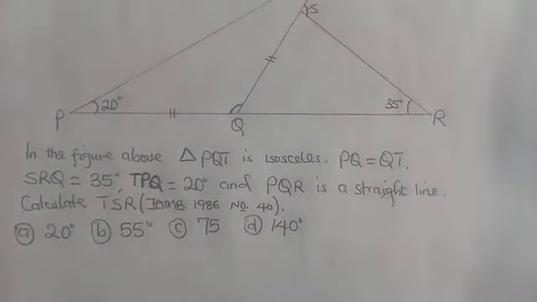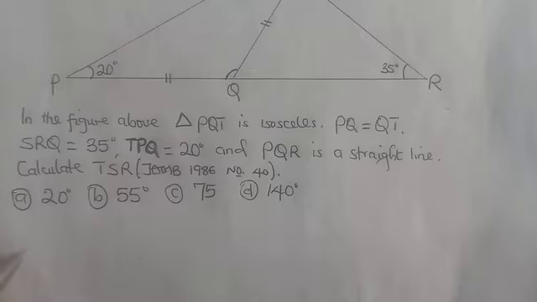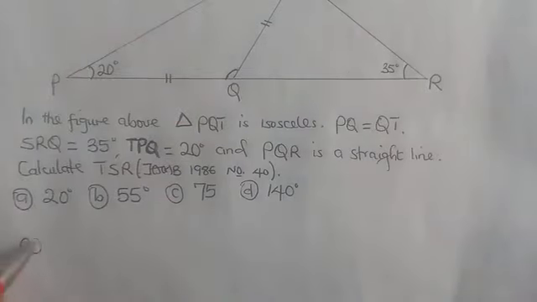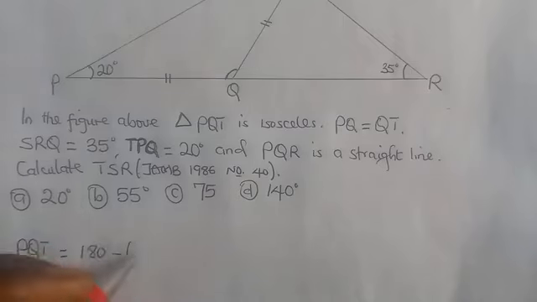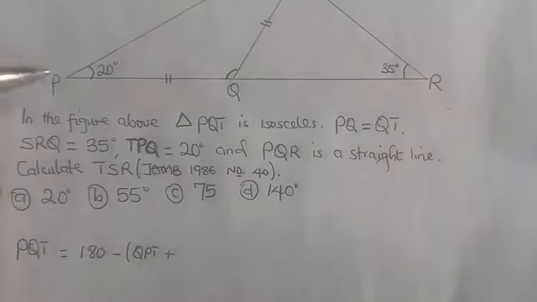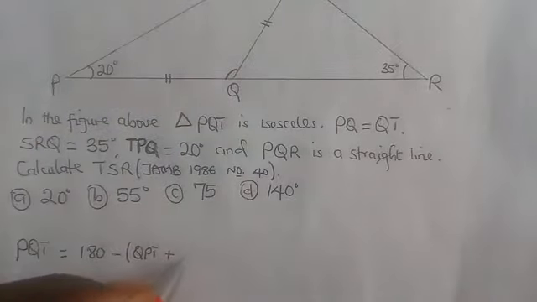And how do we do that? Angle PQT is going to be equal to 180 minus angle QPT plus PTQ.